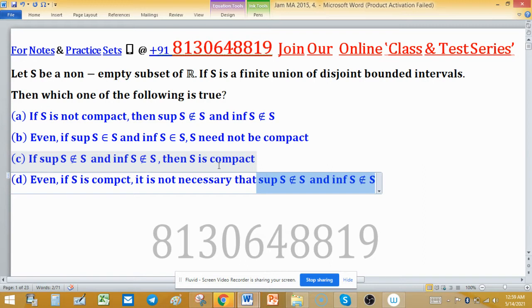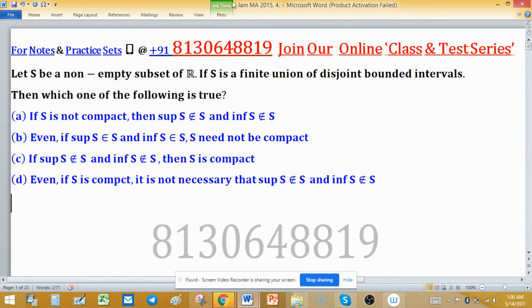If the set is compact, then we have to check whether the supremum and the infimum belong to S or not. If the set is not compact, then we also have to check whether the supremum and infimum are in S. So we go from compactness to supremum and infimum, and from supremum and infimum to compactness, and vice versa.